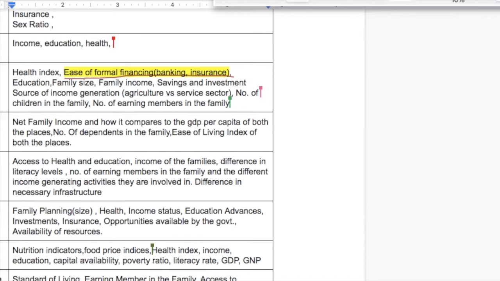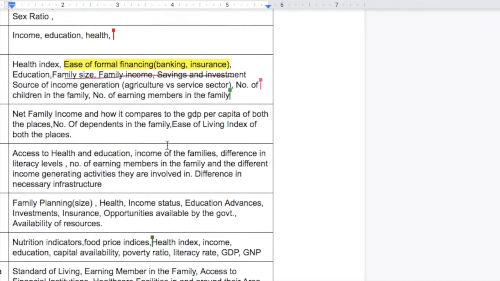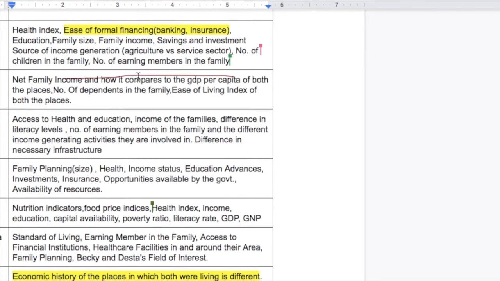They all come under the category of population, which does play an important role in explaining the growth of a country. And then family planning, again related to population.